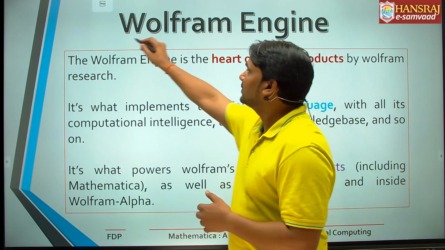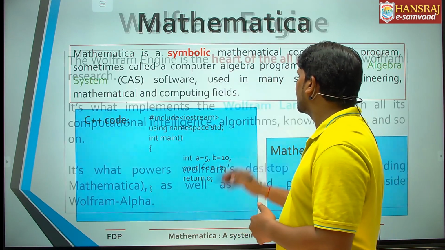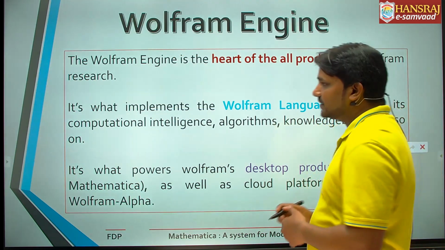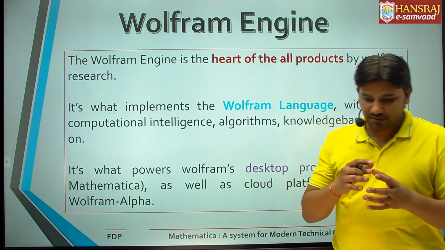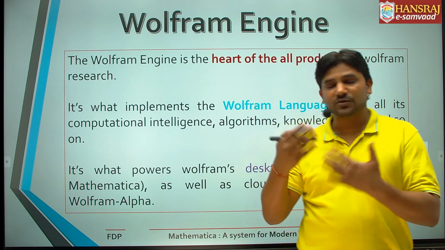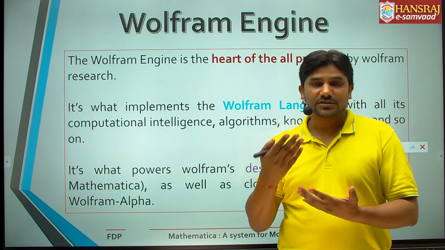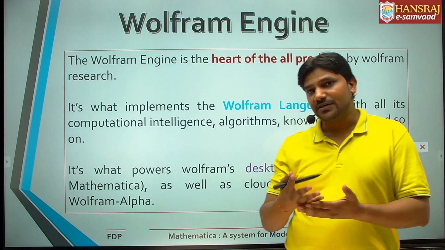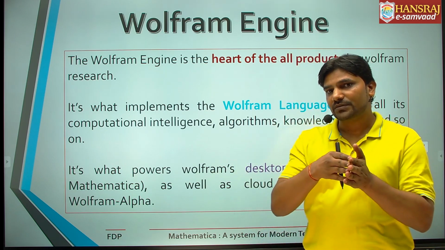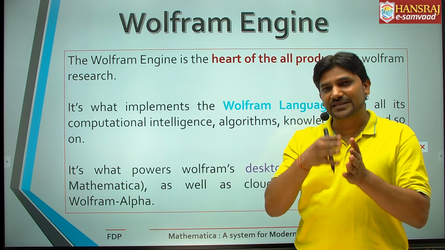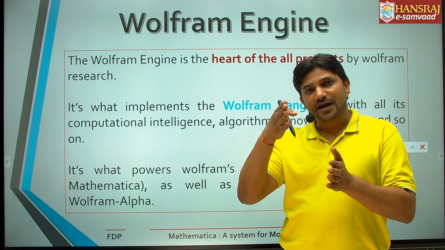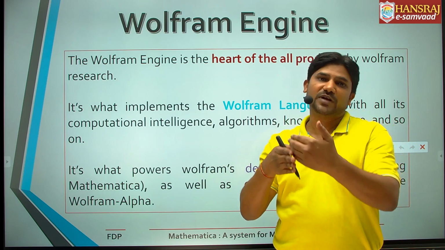Wolfram is the company which provides you the Mathematica software, and engine means that whatever you are doing in front of you, you are working on an editor rather than the engine. So the engine is in the background that provides you all the necessary computational work, and you write on the editor and you see input or output on your editor.